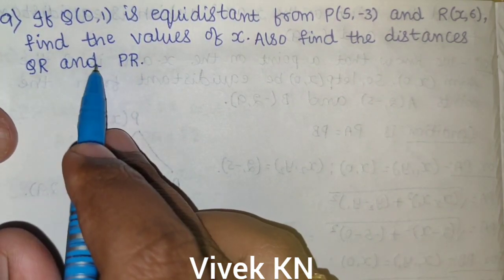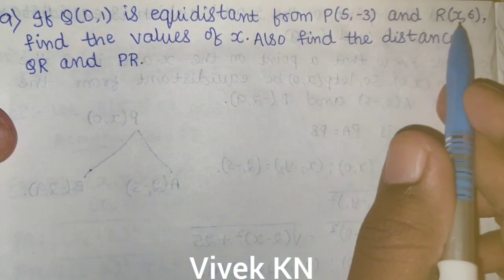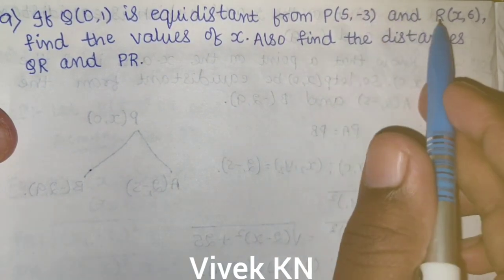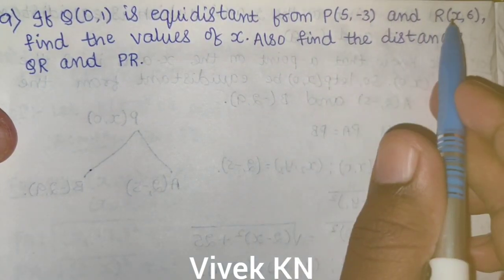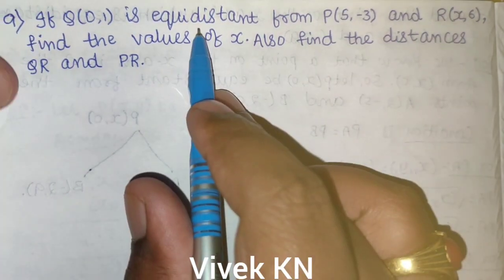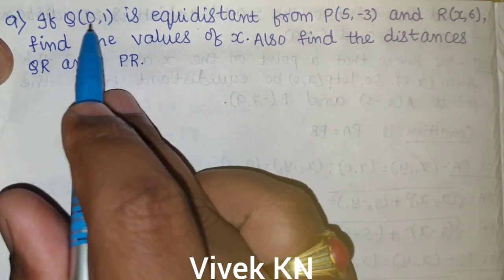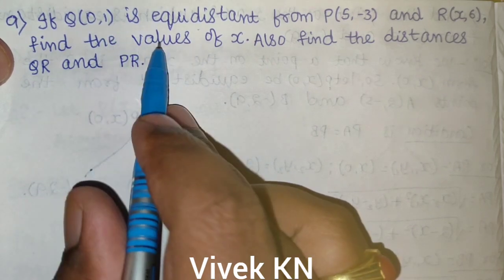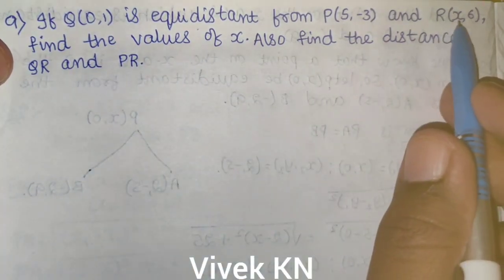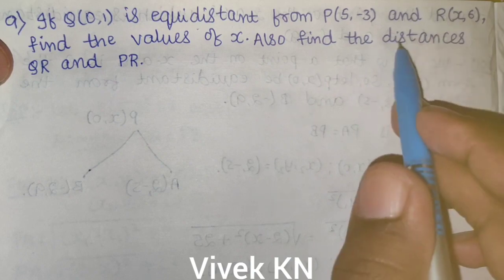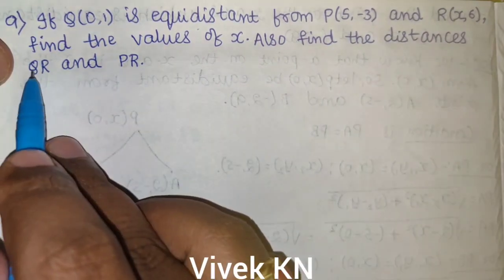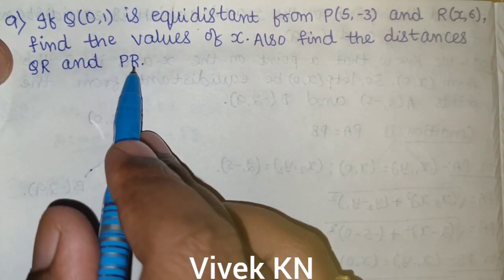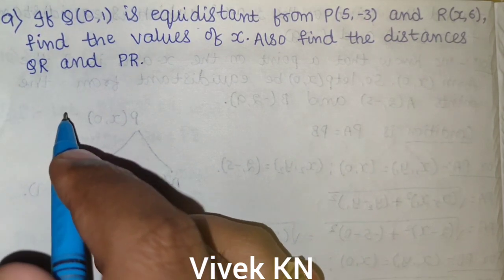In this question, they have given 2 points P and R. These 2 points are equidistant from the point Q of 0, 1. Now we have to find the value of this x, and also we have to find the distance between the points QR and PR. So let's solve this problem.